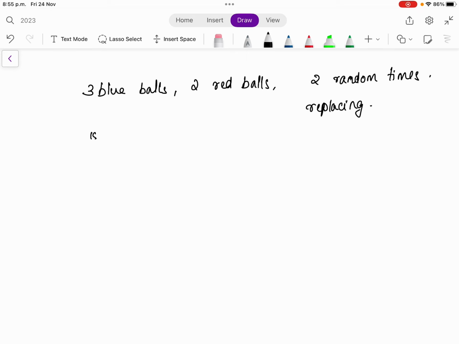So when I'm picking it for the first time, I might get a blue ball or I might get a red ball. The probability of getting a blue ball is 3 over 5, because there are 3 blue balls and the total is 5, and the probability of getting a red ball is 2 over 5.